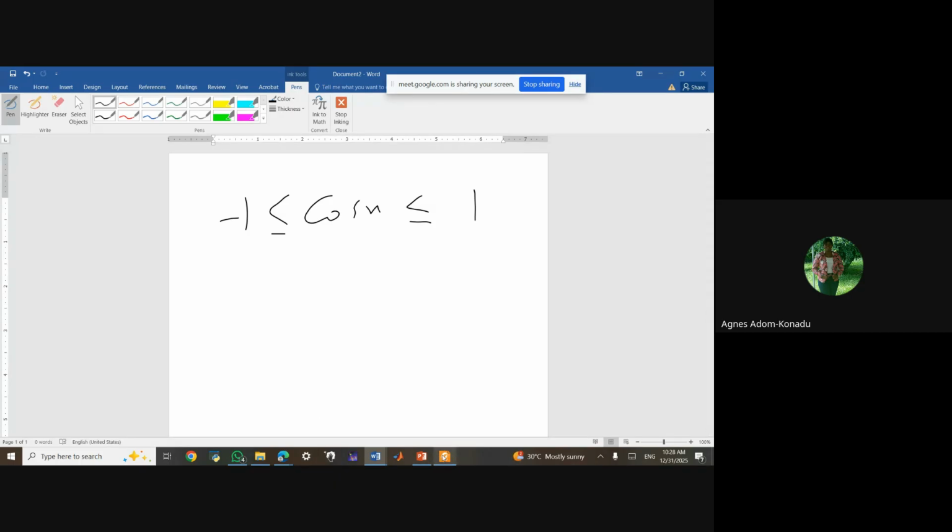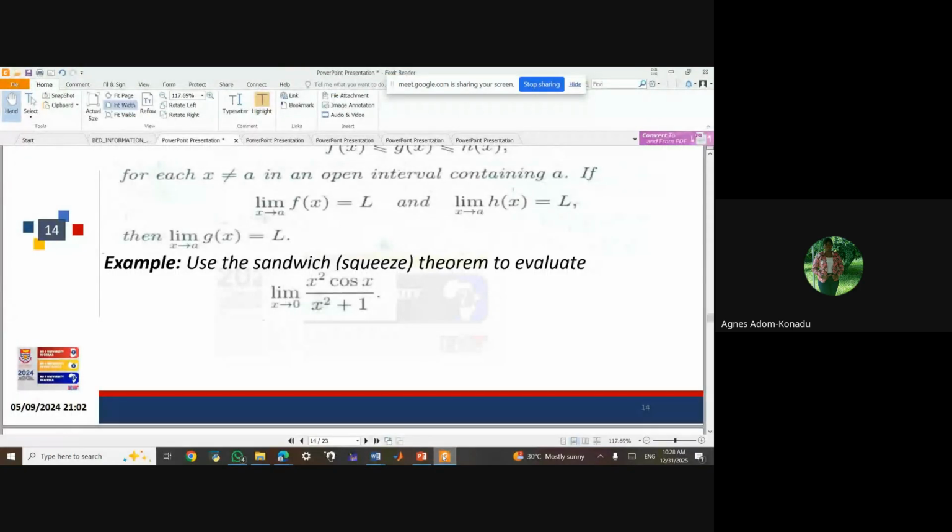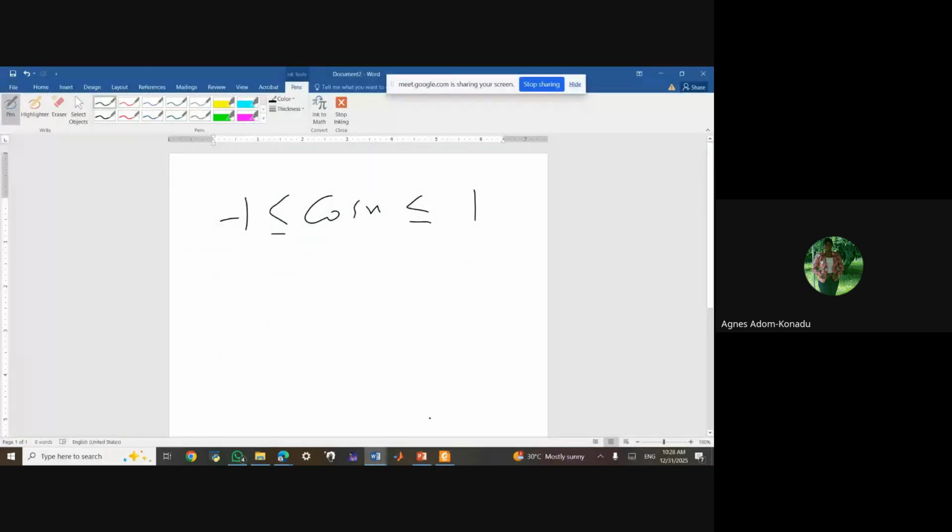So let me multiply through by s squared. When I multiply through by s squared, I'm going to get -s squared less than or equal to s squared cos s less than or equal to s squared. Then let's divide through by s squared plus 1.